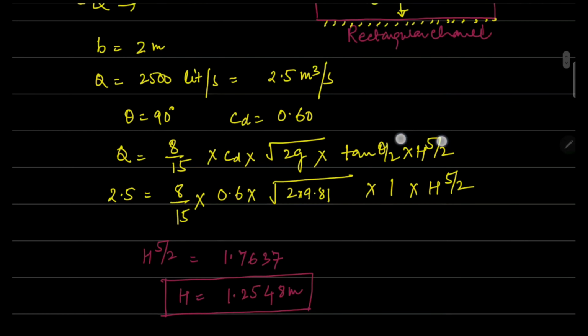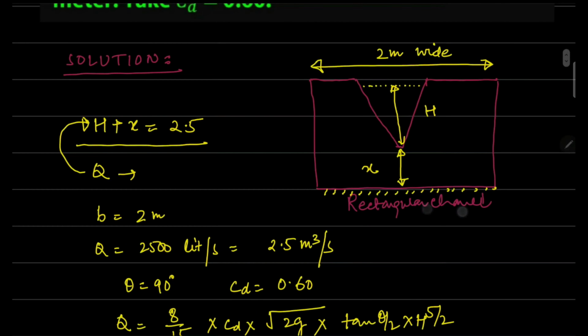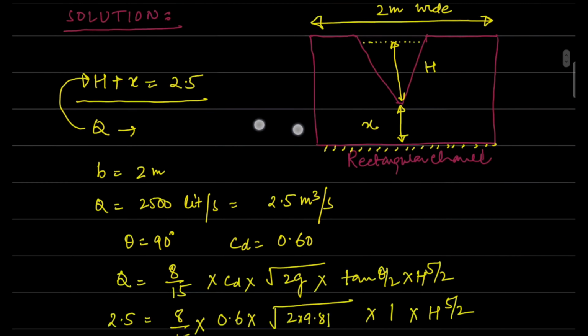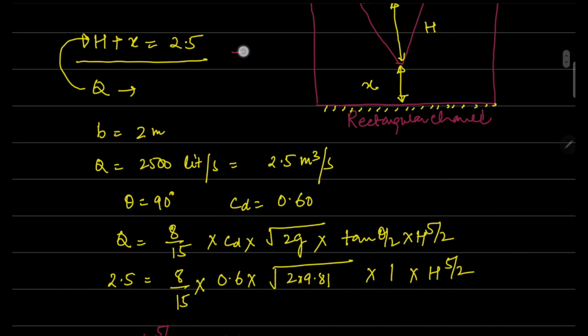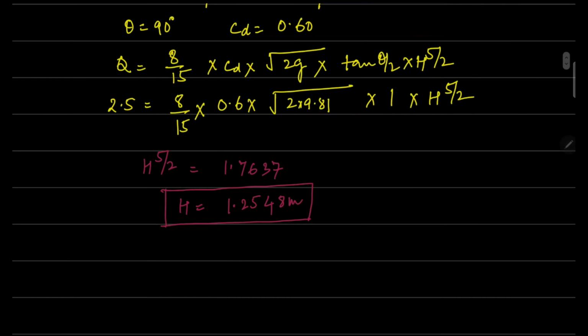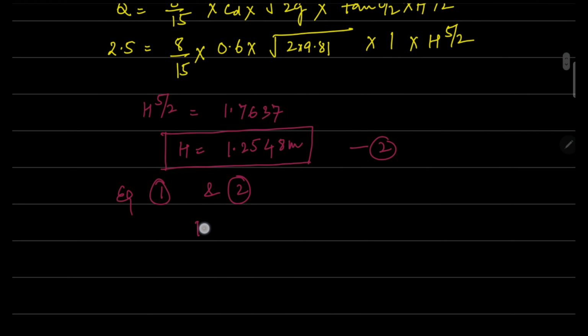Now the value of h plus x is given to us, that should be 2.5. So let's say this is equation 1, and this is equation 2. So let's solve the problem from equation 1 and 2. So this is 1.25, we can write the exact value, 1.2548 plus x, that should be 2.5.